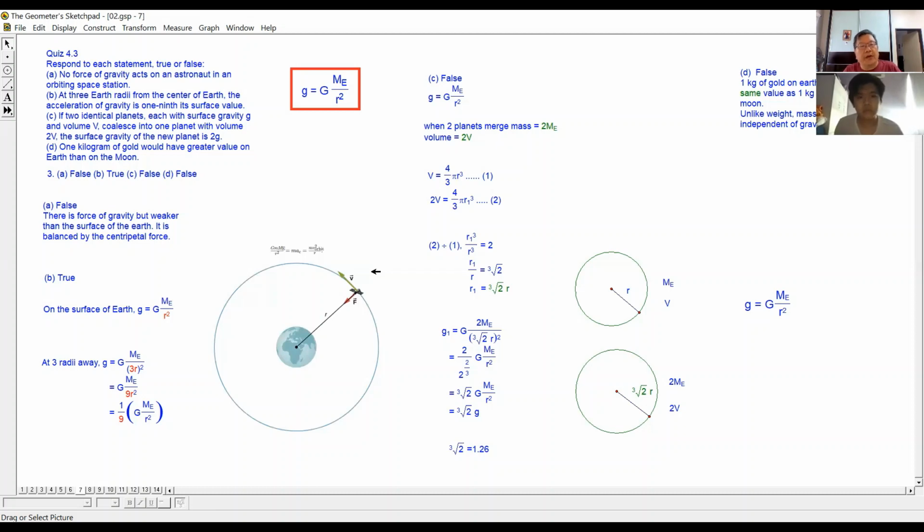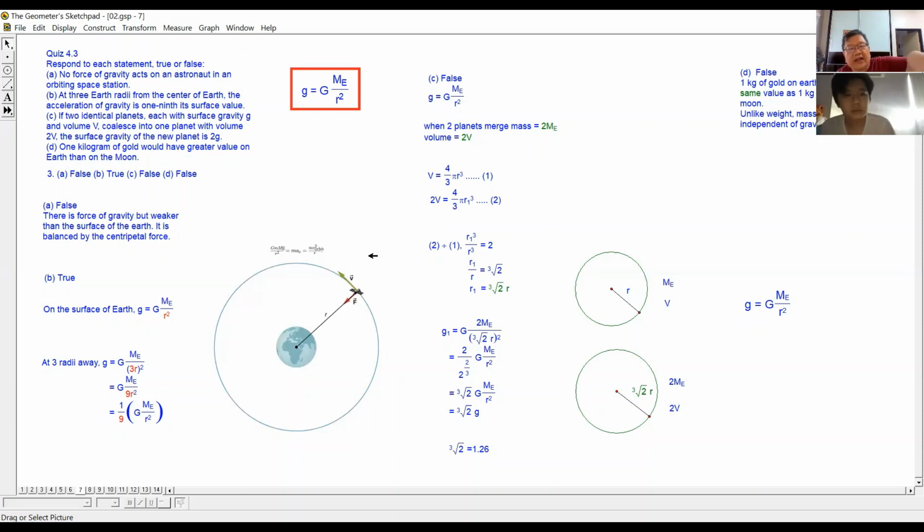Why? Now, the reason is because the gravitational attraction is counterbalanced by the centripetal force. As you know, this satellite or space station is orbiting around the Earth.